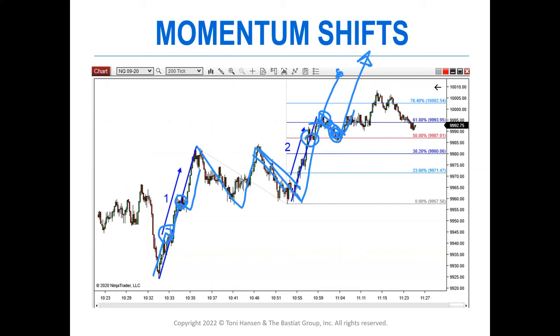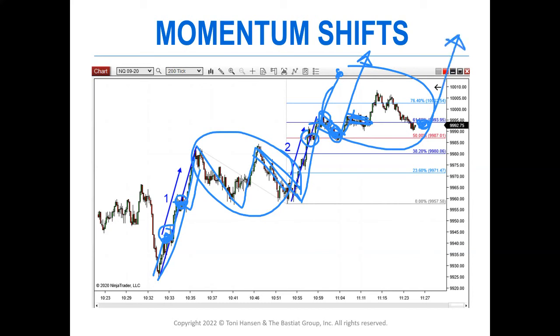If it goes longer than the corrections that are happening here, so here to here added together, if this bases out and corrects longer, then trying to do a continuation is going to have a much harder time, unless that longer correction is this amount of time. So if that goes out to here in a zone, that can take off again at that point.